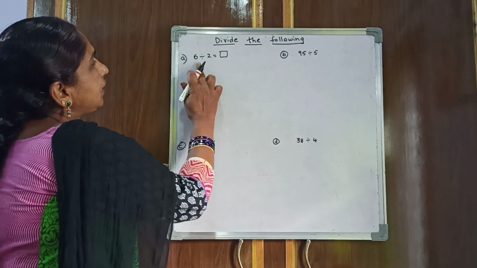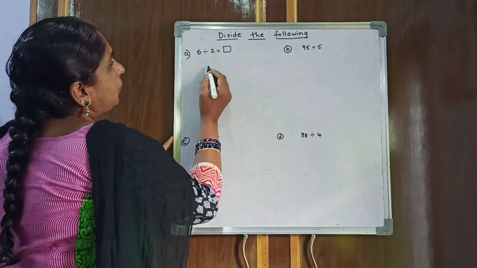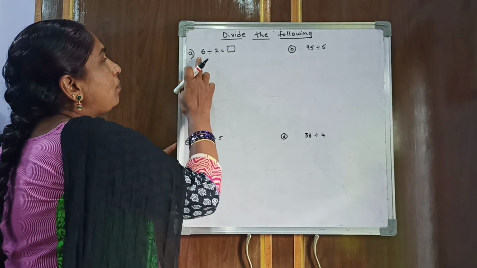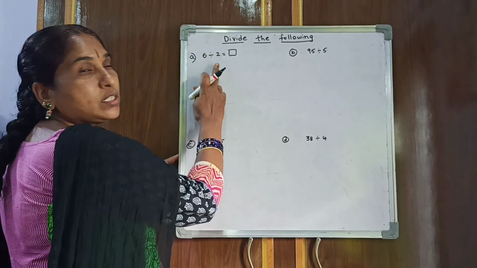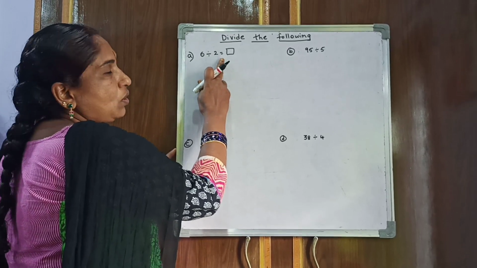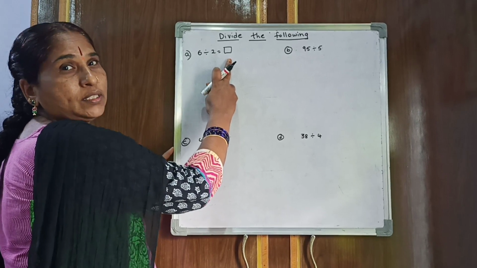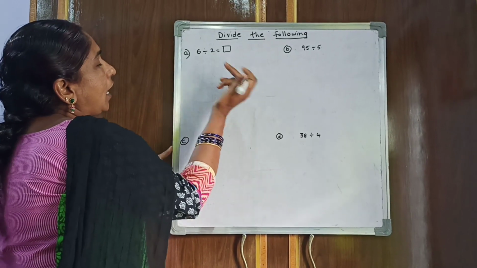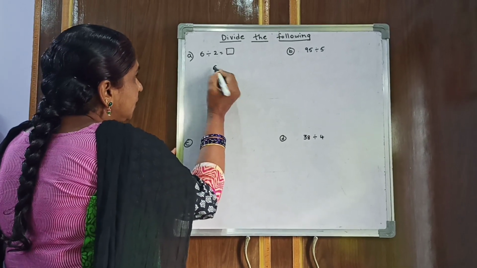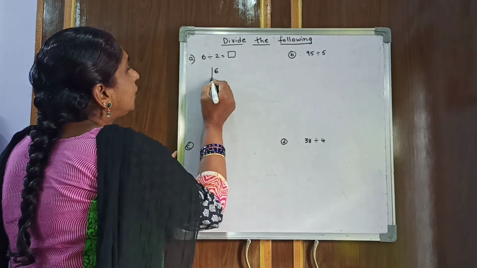See here, 6 divided by 2. Whenever you are writing in your classwork book, please write 6 in one box, the divide symbol in one box, 2 in one box, is equal to, and the answer quotient in one box. Is it clear, children? After writing the sum, draw the lines.